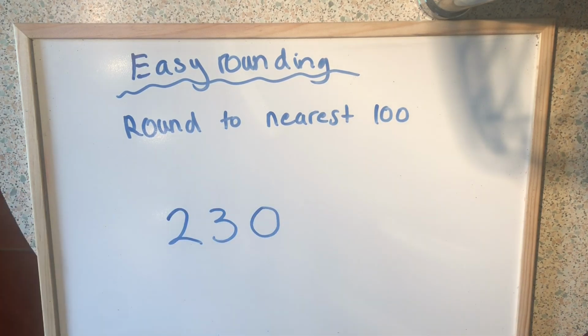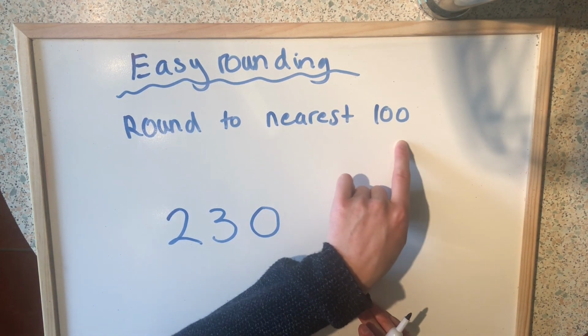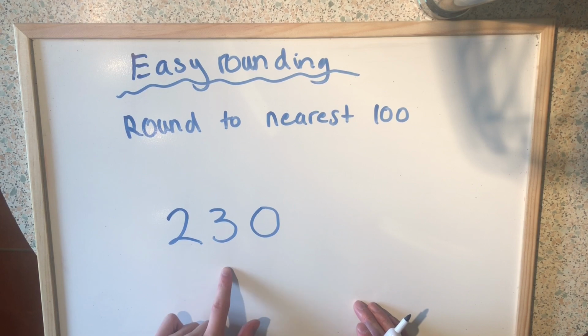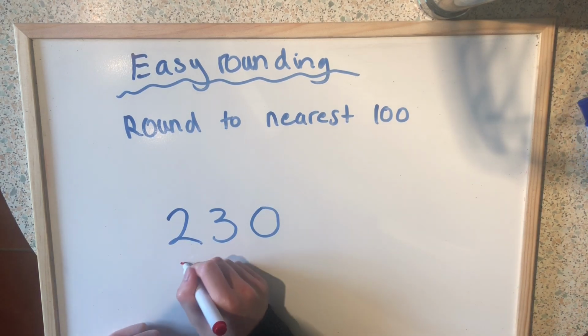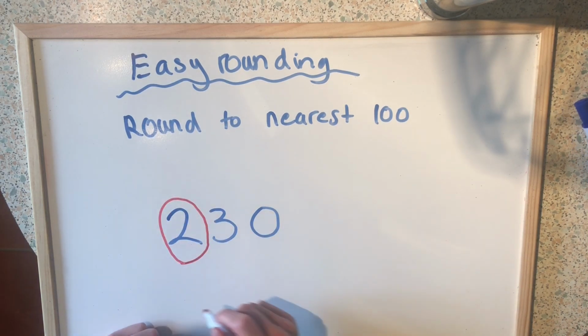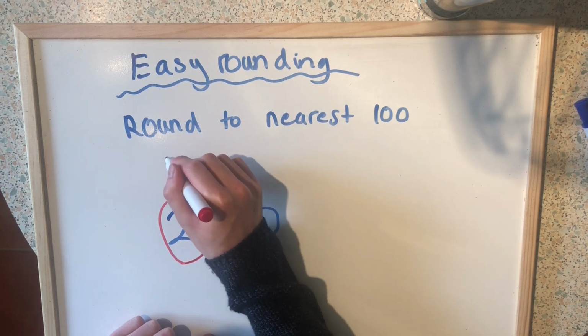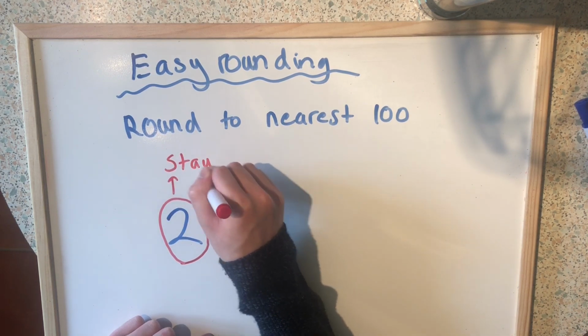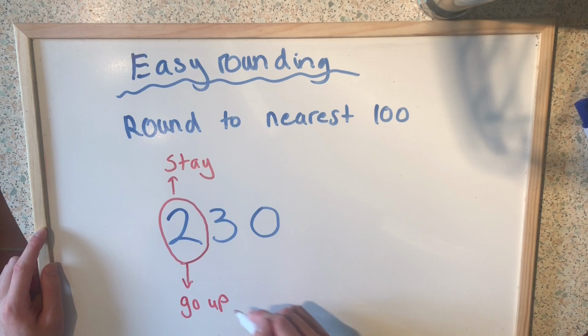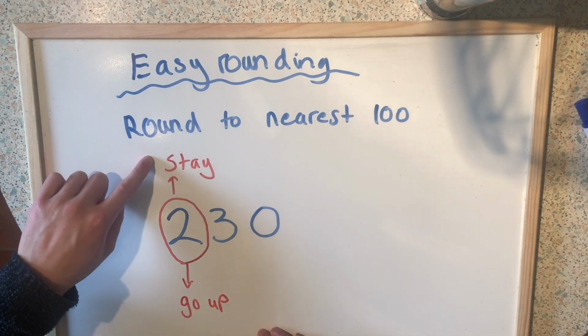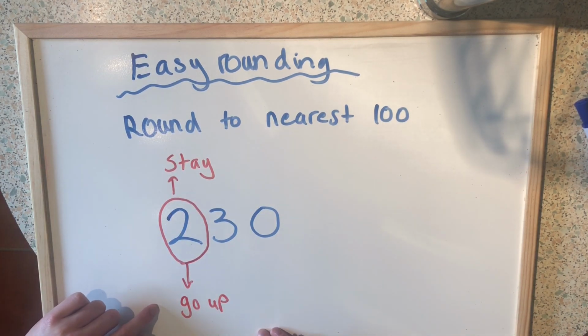230. So because we're rounding to the nearest 100, remember that's our units, or ones, and tens, and that's our hundreds. So because we're rounding to the nearest hundred, it'd be this number, this 2. This 2 will either stay the same, or it will increase, so it will go up, because we're rounding to the nearest 100.